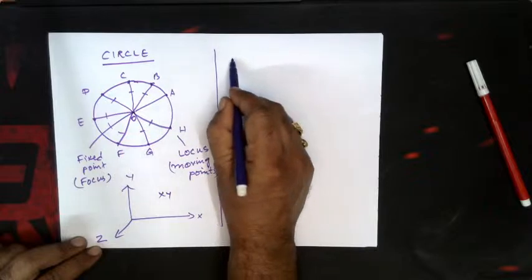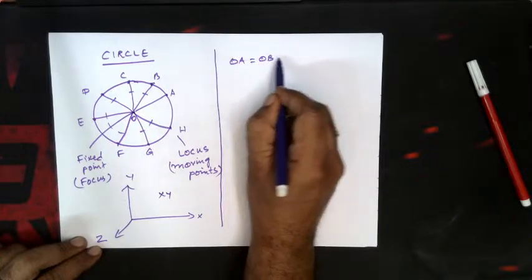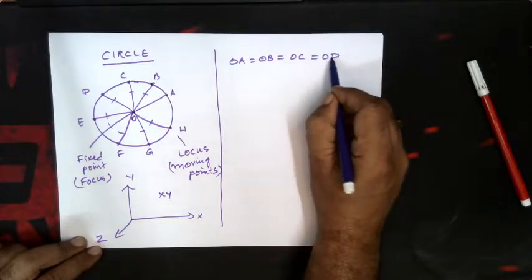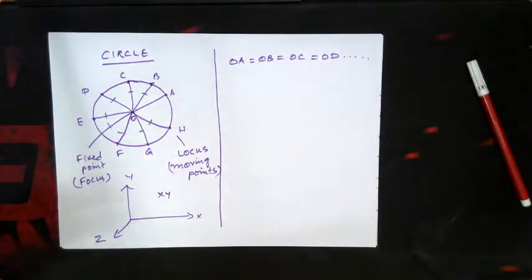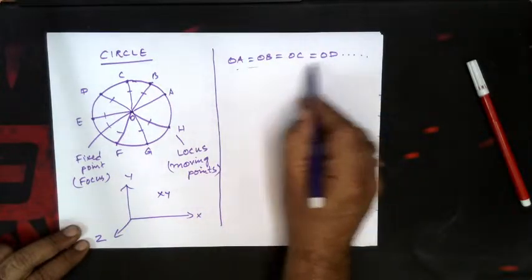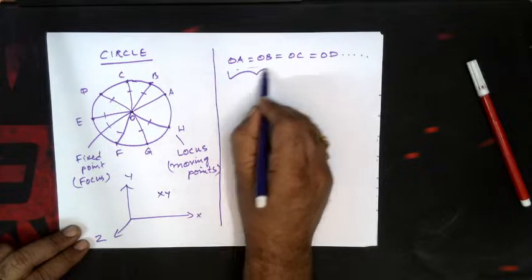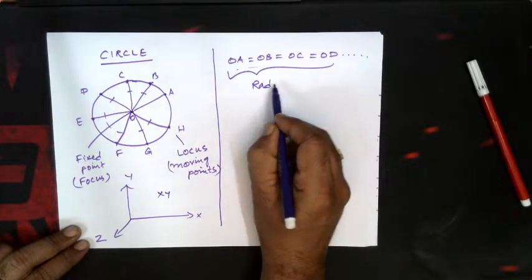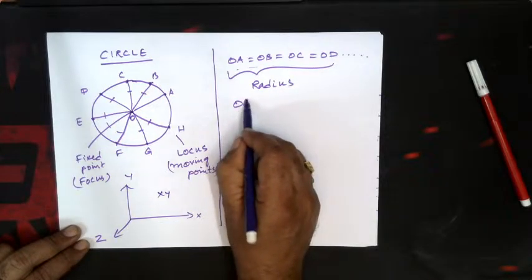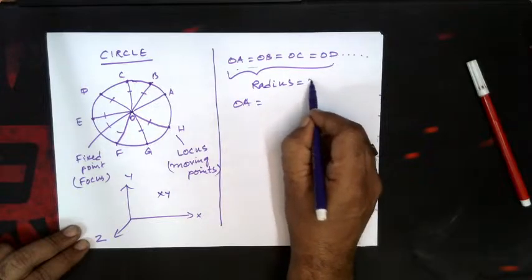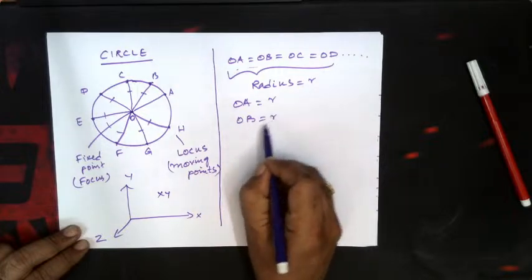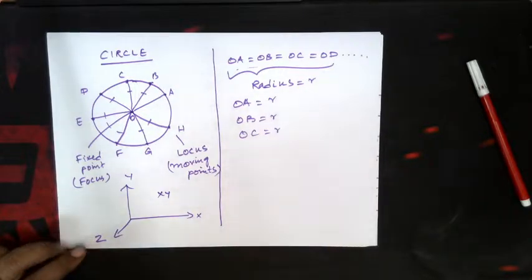It means OA is equal to OB, OB is equal to OC, likewise OD, etc. So this is the fundamental point you should understand. And all these equal distances are called radius, plural radii. OA is equal to radius, which can be represented as R. So OA is equal to R, OB is equal to R, OC is equal to R, etc.